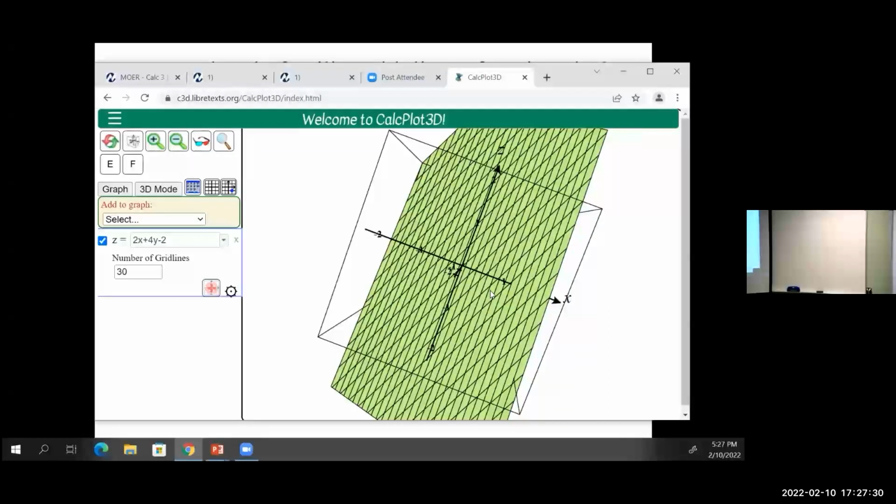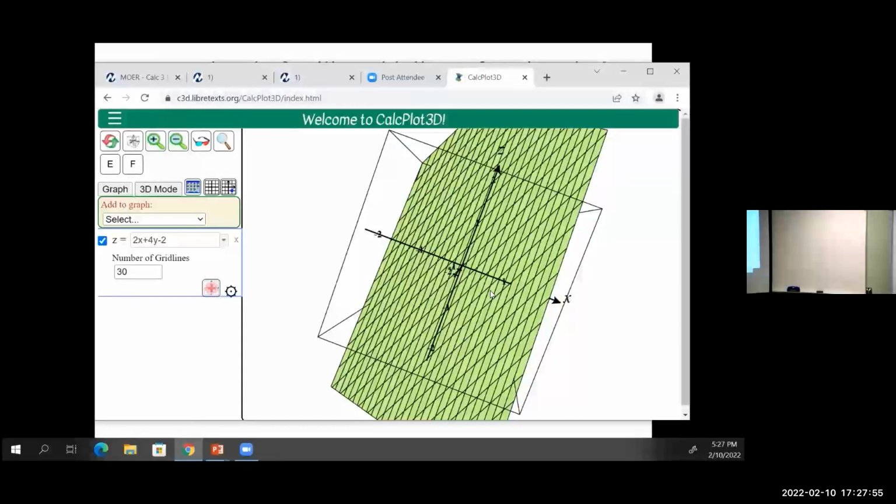If you ever have to draw a plane in 3D, what you do is you find where it intersects each axis, put a point there, and just make a triangle. That'll at least give you an idea of what the plane should look like, because it's impossible to draw a plane in 3D on axes when you're looking at a two-dimensional piece of paper.